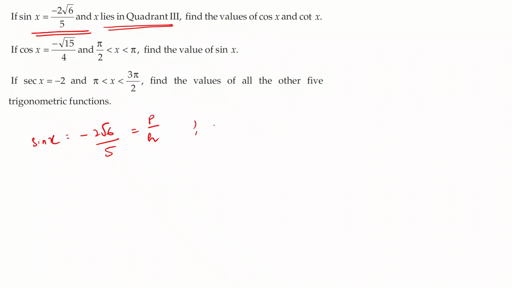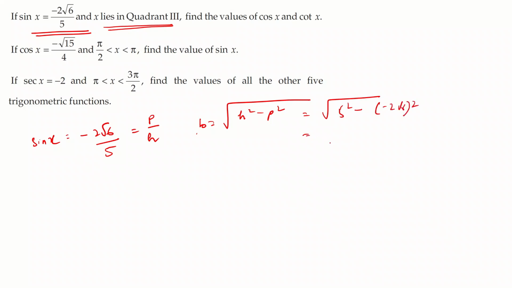We quickly find out the base. Base will be the square root of h square minus p square, which is the square root of 5 square minus 2 root 6 whole square. Anyway, you can omit that negative sign because it will give you a positive answer anyway. 25 minus 2 2s are 4, 4 6s are 24. So that gives you root over 1, which is 1. So we get that base is equal to 1.